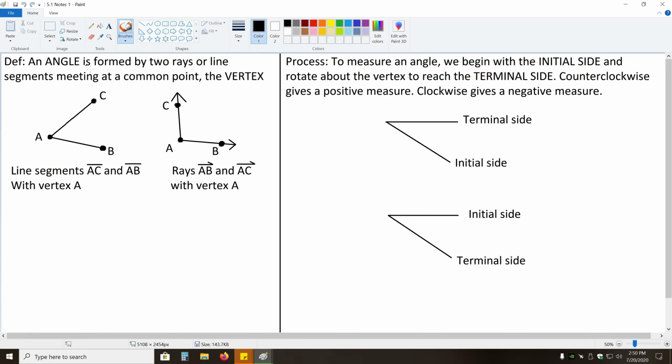An angle is formed by two rays or line segments meeting at a common point, which we call the vertex. So, I have two examples drawn here.